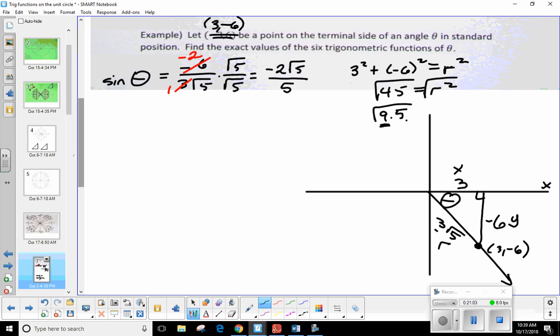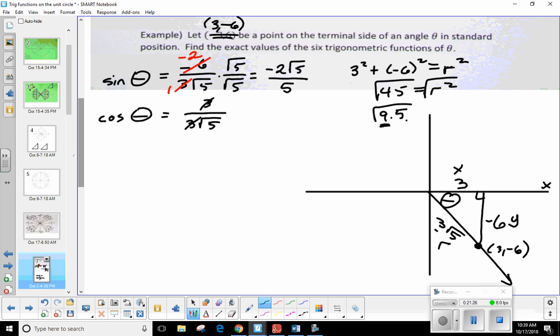Once you have the triangle, that's the toughest part. Now you just start listing your ratios. This is something we've done before. Cosine of theta. We just talked about it, it's x over r. So that would be 3 over r, 3 square root of 5.